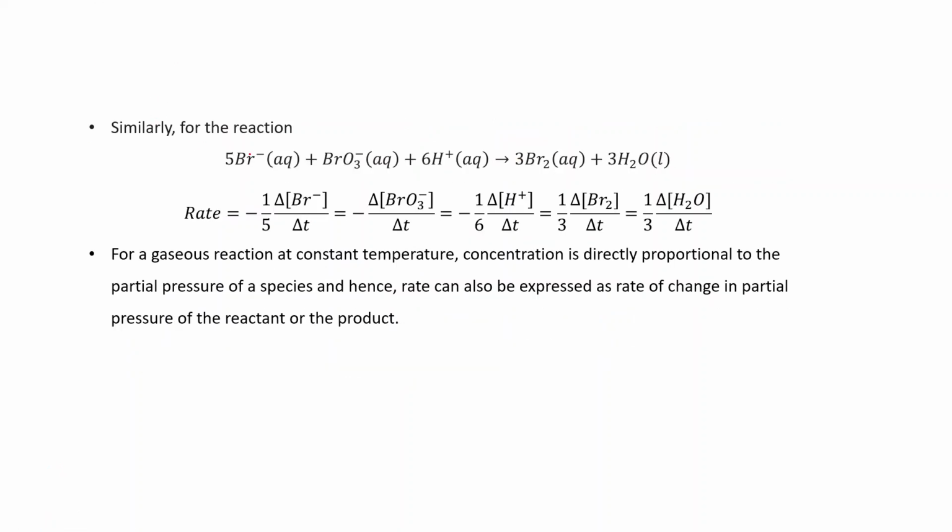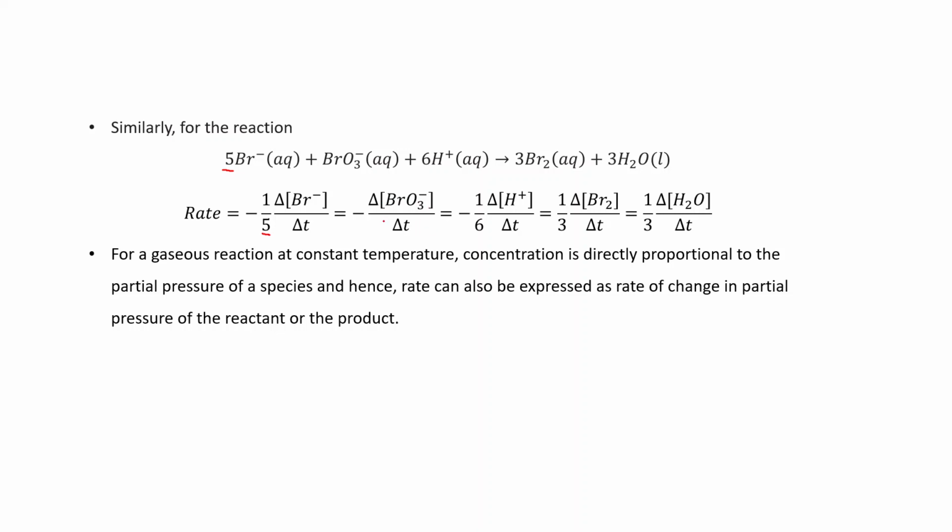Now see one more example. This is the example: 5Br minus plus BrO3 minus plus 6H plus gives 3Br2 plus 3H2O. If we want to express the rate of reaction in terms of each reactant and product, then rate is equal to minus 1 by 5 delta Br minus divided by delta t. Why 5? This is the stoichiometric coefficient of Br minus. In the same way, minus delta BrO3 minus divided by delta t.